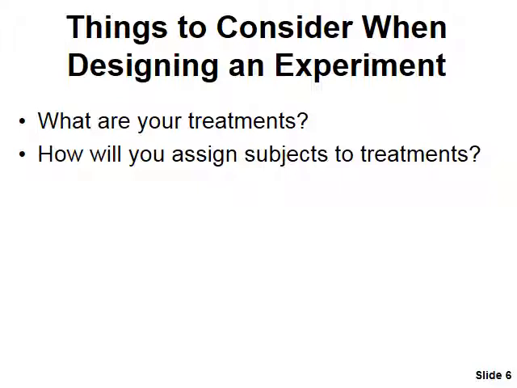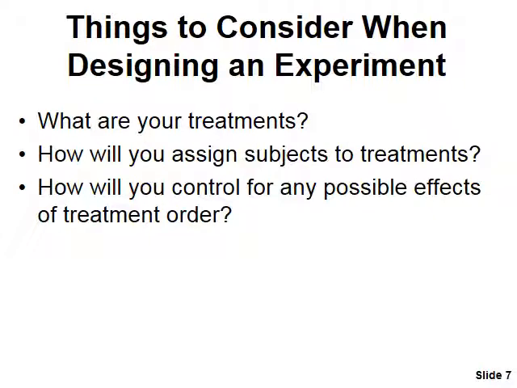But you might split them into males and females and then randomly assign the males to the 2 treatments and randomly assign the females to the 2 treatments. It just depends on the situation, but in general, you want to take any possible sources of bias out of how you get your subjects into treatments.